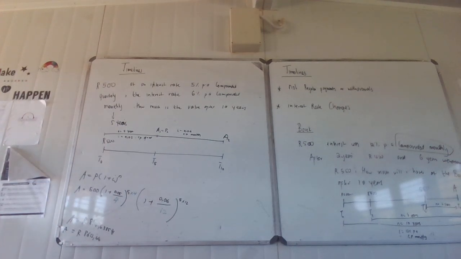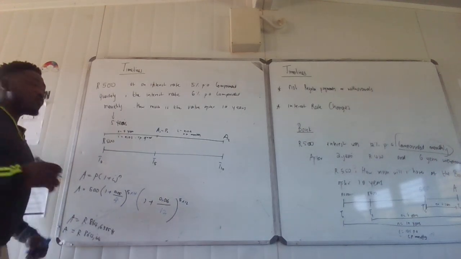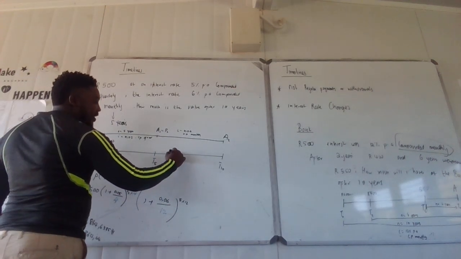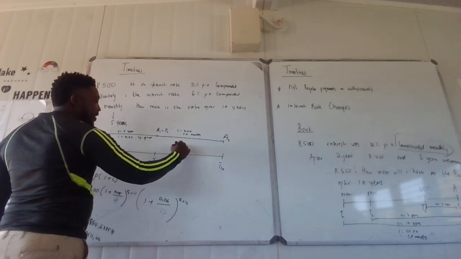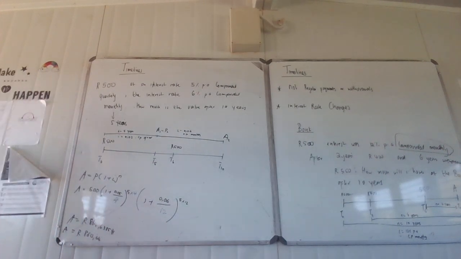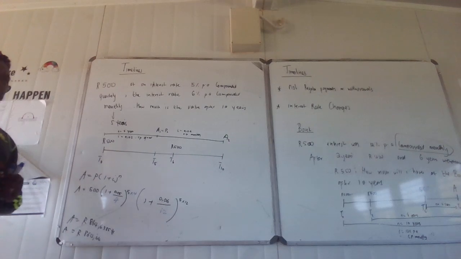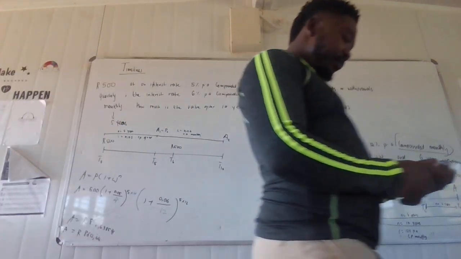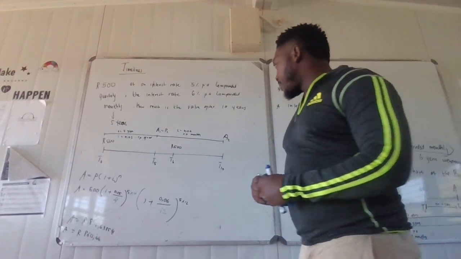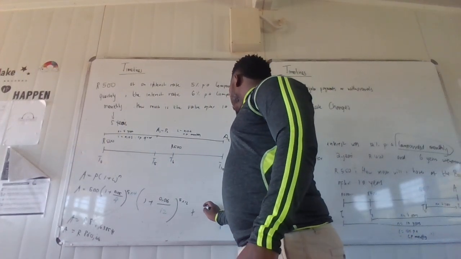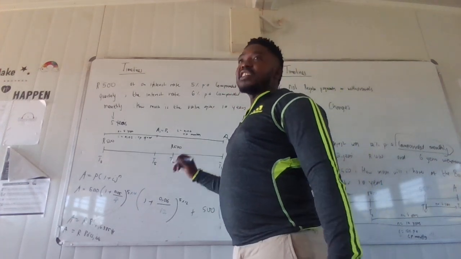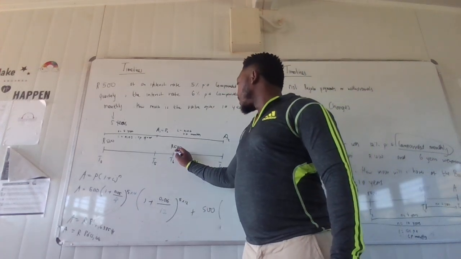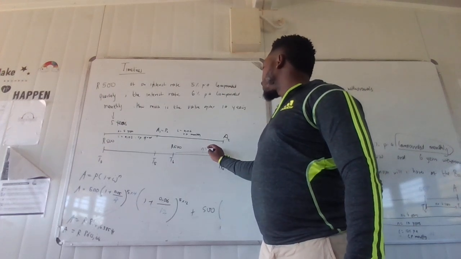So even if you decide now to put in an amount here after 6 years, say 500 into the account, you're going to put in the plus 500. Then, because the interest rate has changed, it's after 6 years, so the number of years will just be 4.